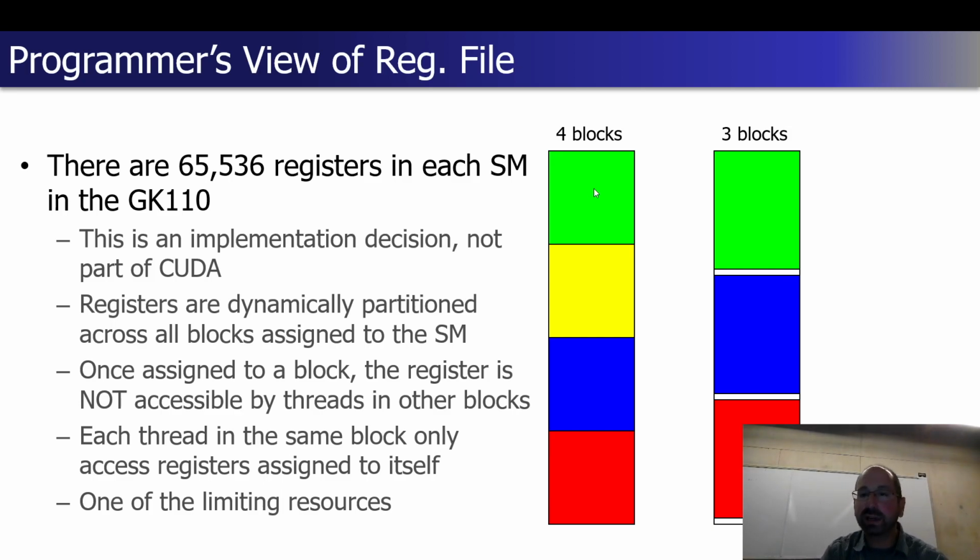If I have 16 registers, I can fit 4 blocks on the GK110 device. Someone comes into your team, they make a one-line change, and now all of a sudden you're using 17 registers. Again, we don't usually explicitly allocate the registers, but you write CUDA code that then gets compiled to a certain number of registers that it's required to use. Make a one-line change, go from 16 to 17 registers. In almost all other contexts of computing, no big deal, right?